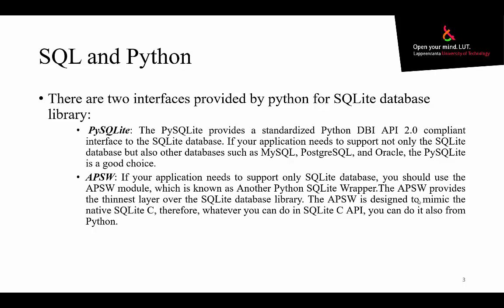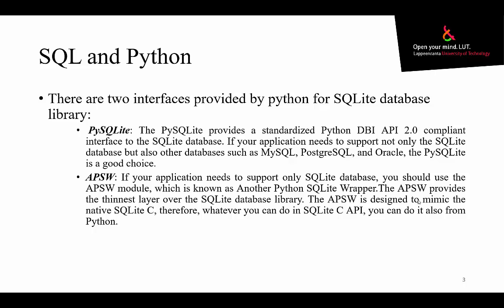For SQLite, Python provides two interfaces. One is PySQLite, which is basically an API for SQLite databases. So if you are developing an application that needs support for, let's say, Oracle, PostgreSQL or MySQL, then this would be the right API to use.